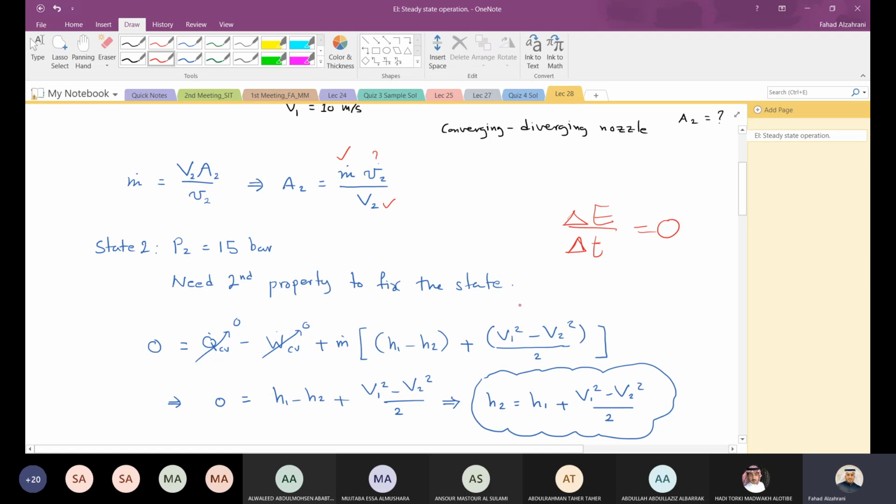Okay شباب, so that's the idea here. So the idea here is we apply the first law and we find the enthalpy at the exit state from this equation because I can neglect W and Q. M dot here eventually it will be 0 لأنه you're gonna divide by 0 over M dot, so this is 0.